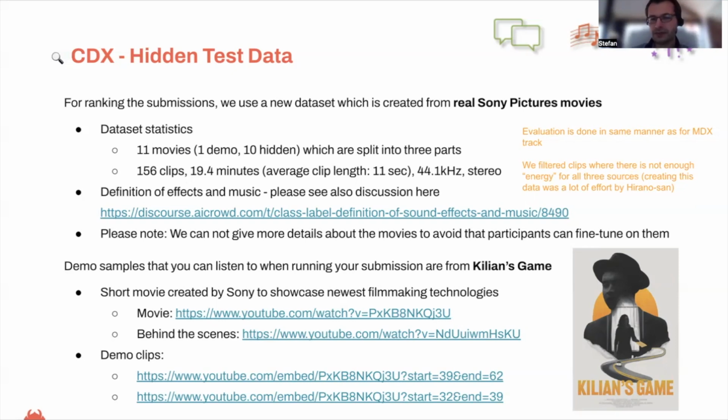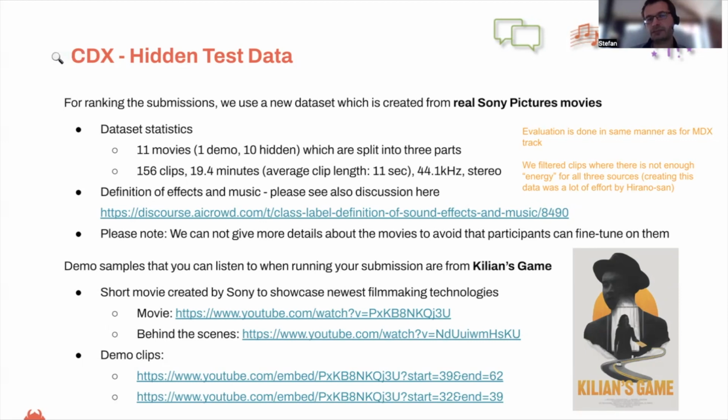And maybe interesting for you is that originally we started with 40 movies, but we had to remove some because we wanted to make sure that the clips have enough variety, and we also filtered out, for example, clips where we don't have enough energy in one of the three sources, like dialogue, music, and effects. So at the end, we end up with 156 clips, and they have a total length of 20 minutes.